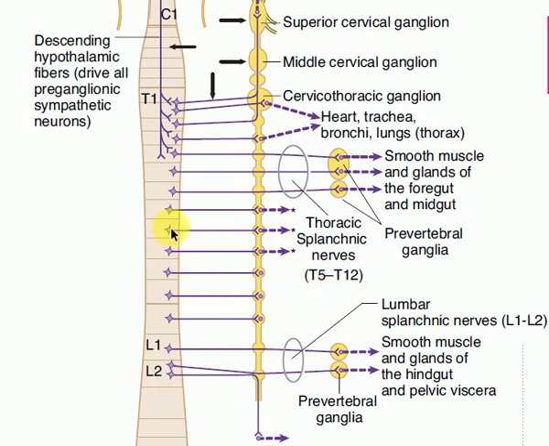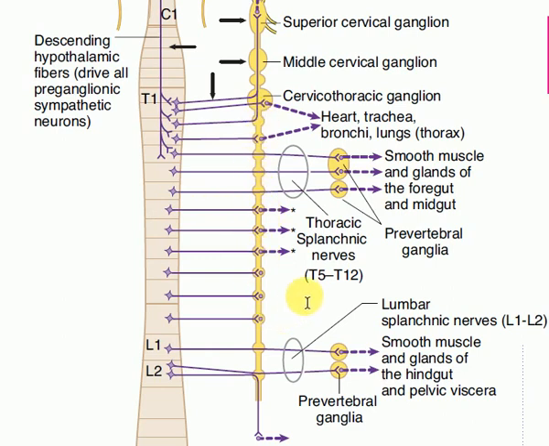So let's take this cell body, whose axon is the preganglionic fiber, and this is probably at the T8 level. The cell body present at that level will send out its axon to the postganglionic neuron, which is present in the sympathetic chain.